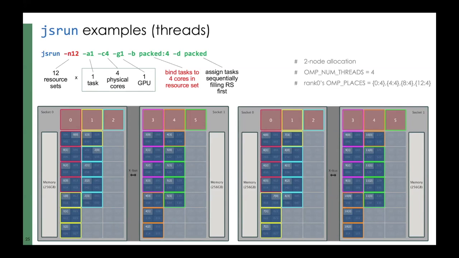So you want to make sure that you throw the binding flag and tell it to bind 4 physical cores for each MPI task. That way, it gives the system room to spread those threads out. You can see in the example over to the left that rank 0's OMP places in this case would be set to the first 4 cores and the threads on those cores.